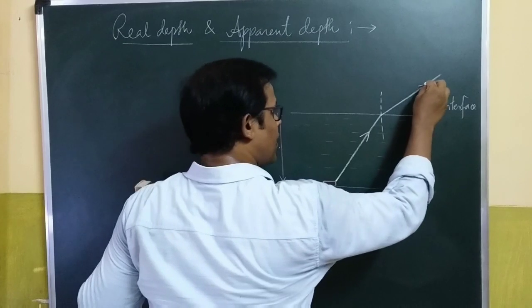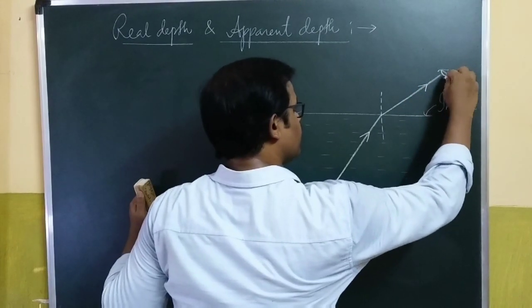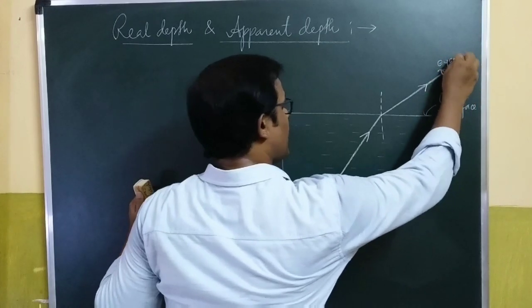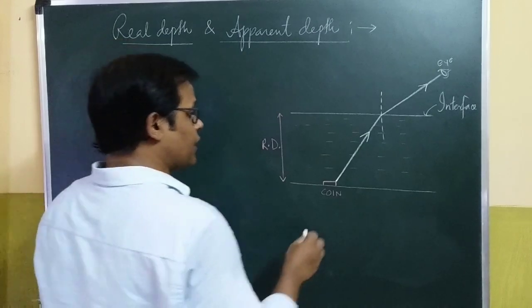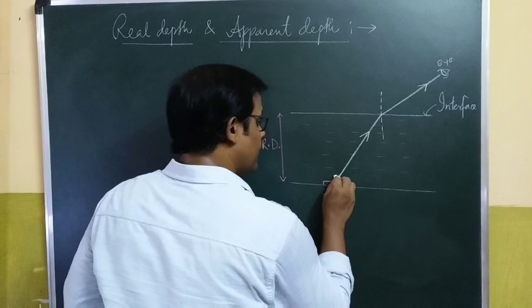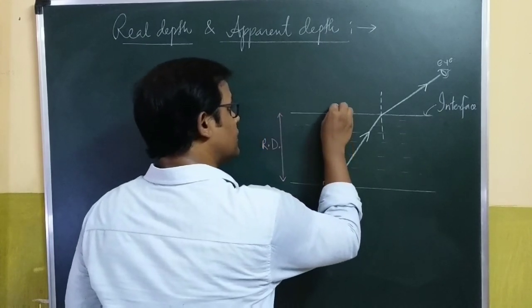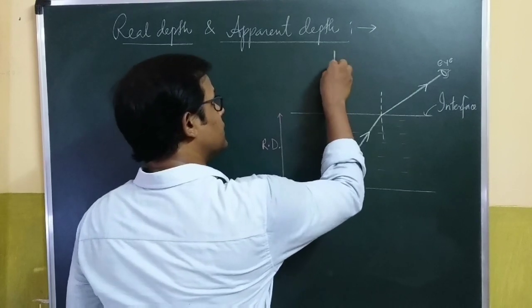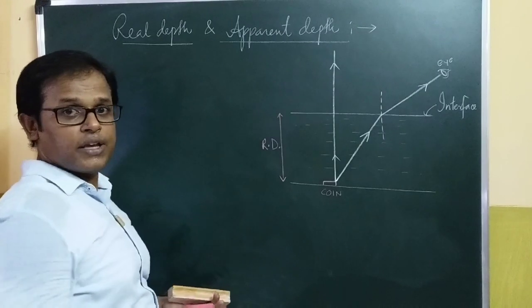The speed of light is going to increase, and these rays of light fall in the observer's eye. That's it. If someone observes this coin vertically straight up, we know that a ray of light going vertically straight out does not really bend, but in fact the speed of light changes. This is how it looks.